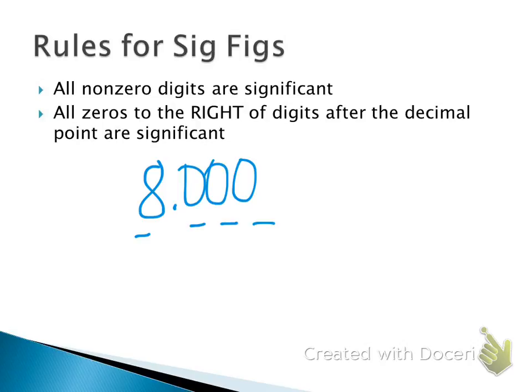This is telling us that I'm measuring it to exactly 8.000. It's not in the 8 range. So zeros to the right of digits after the decimal point are always significant.